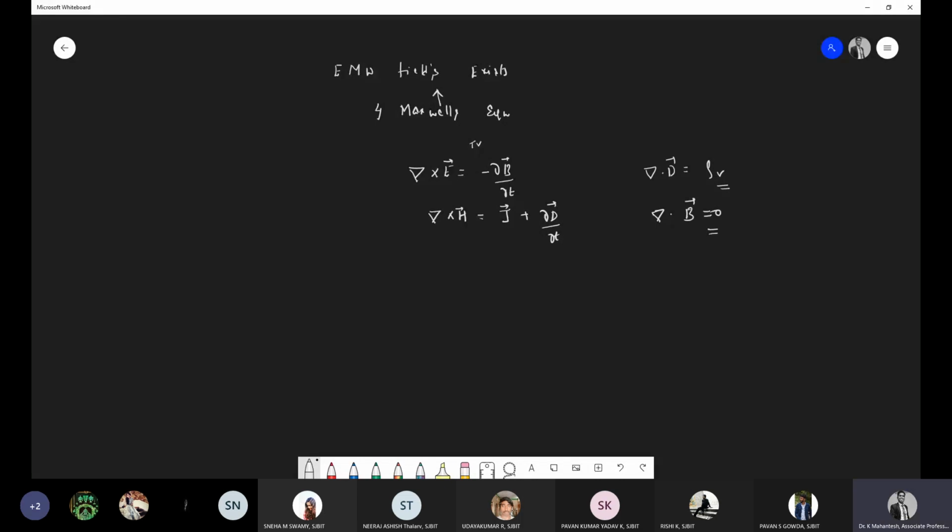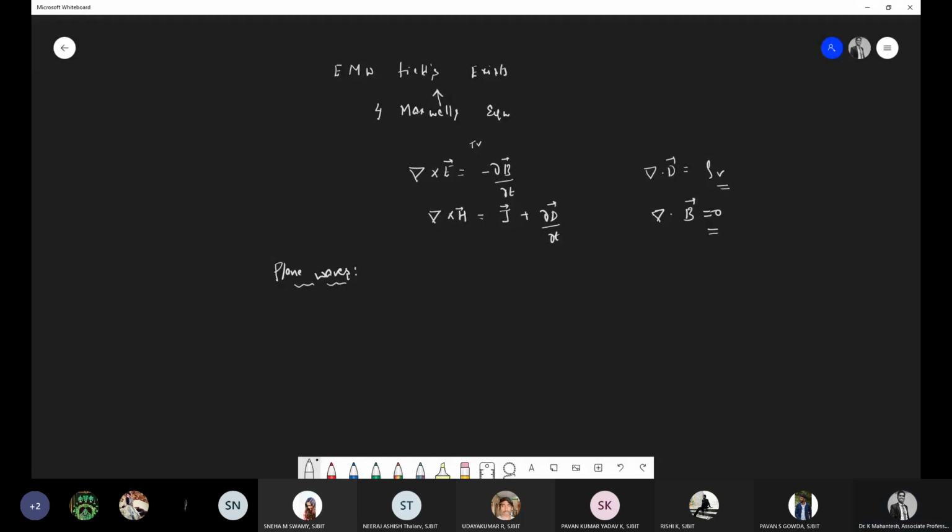So now we shall see the concept called plane waves. So what do you mean by a plane wave? The wave in which both E and H field vectors lie in a plane and phase is constant over a plane.